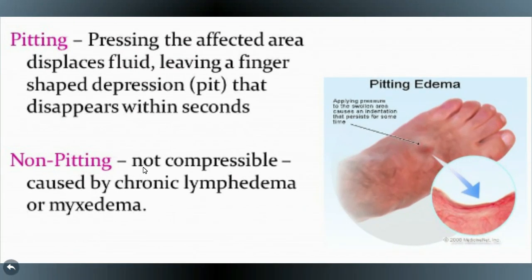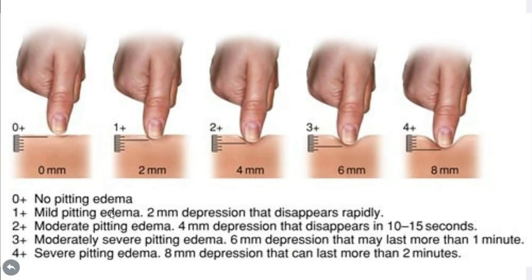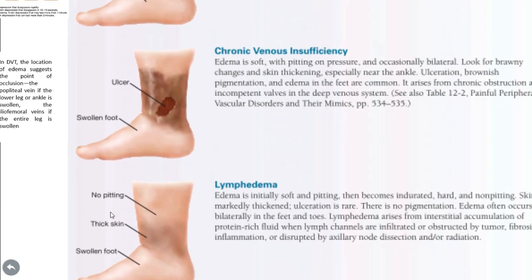Usually pitting edema leaves an indentation, but non-pitting can be caused by chronic lymphedema or myxedema, a thyroid problem. You can grade the edema based on the depth and how long the pit lasts.